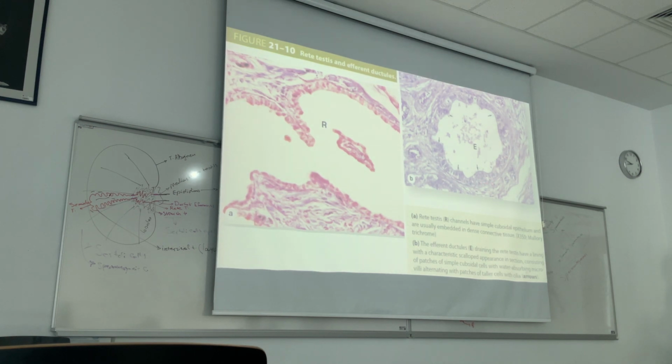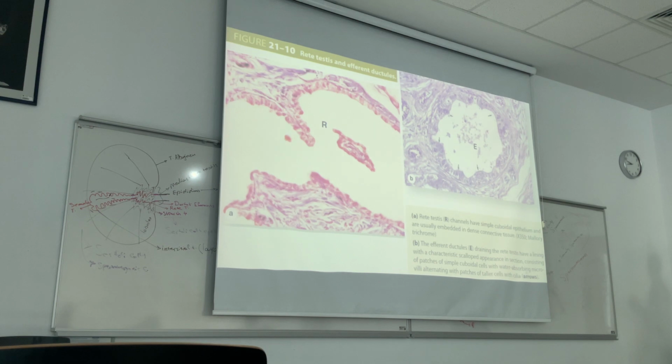Ductuli efferentes have a special shape. You can see these indentation areas in the ductuli efferentes. Because in the wall of ductuli efferentes, we have shorter cells and longer cells, simple cuboidal and columnar cells.